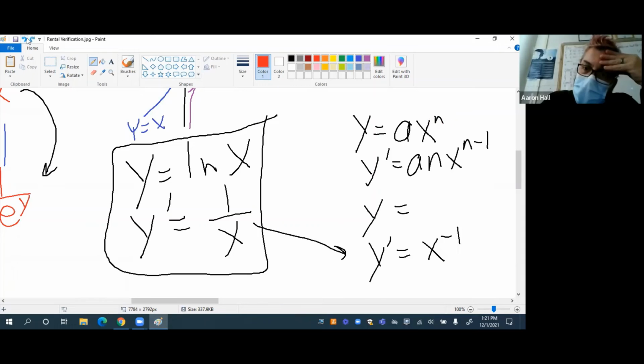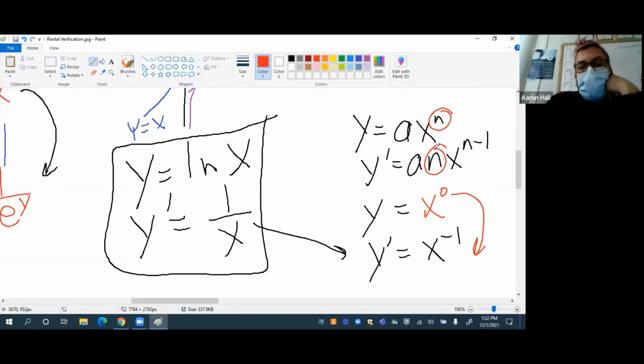So that would be x to the power of 0. Does that work? Don't I have to multiply by that exponent? It just gives me 0. So there's no polynomial that will take me here.